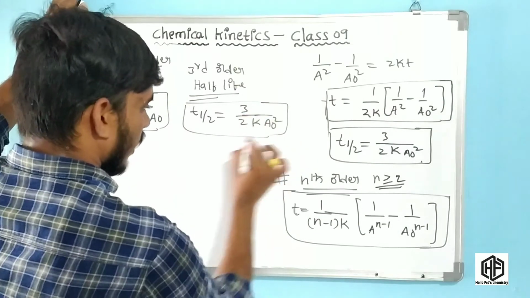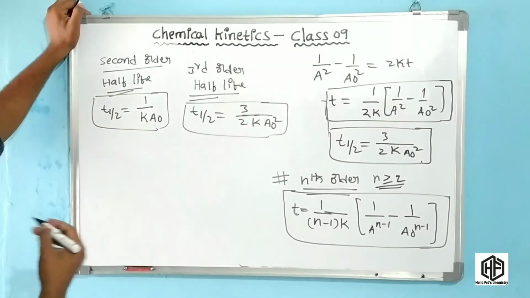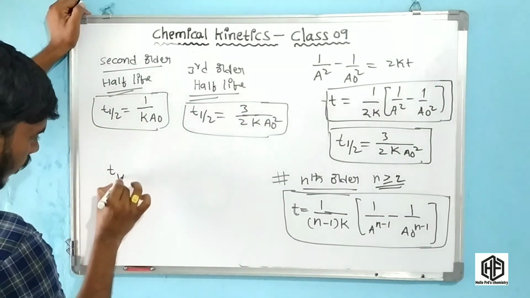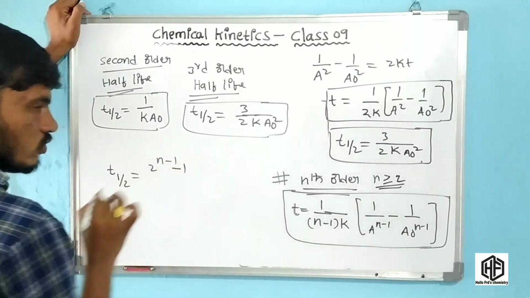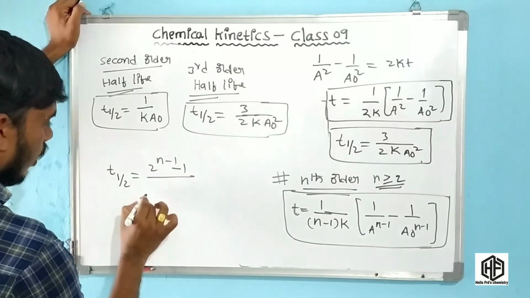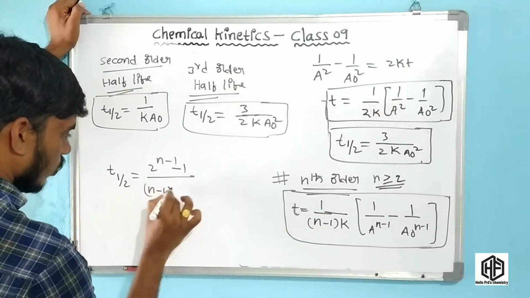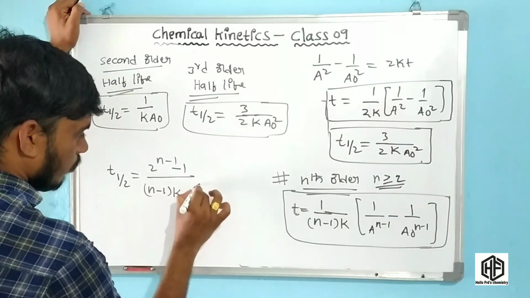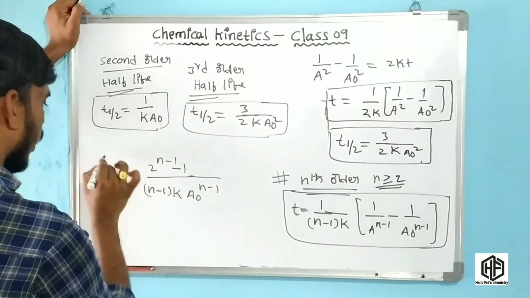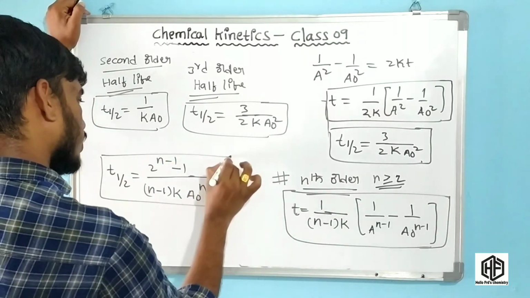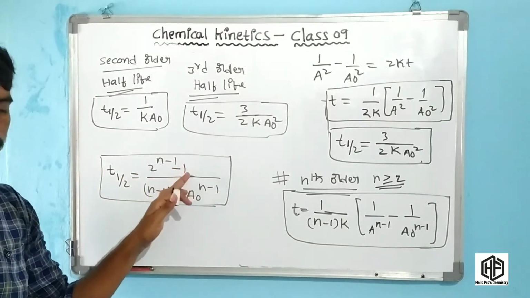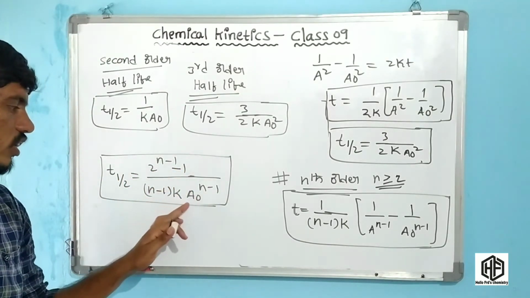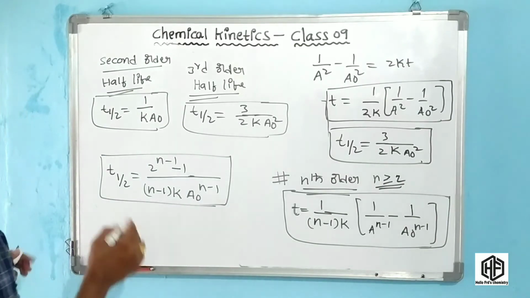And what is the half-life of nth order kinetics? T half is equal to (2 power of n minus 1 minus 1) by (n minus 1) into K into A naught power of n minus 1.